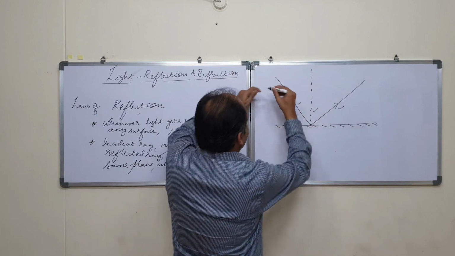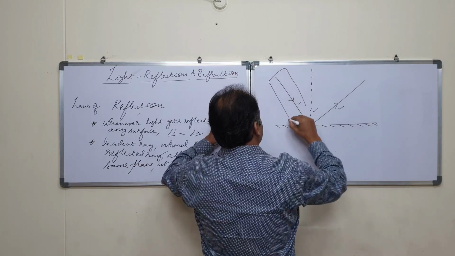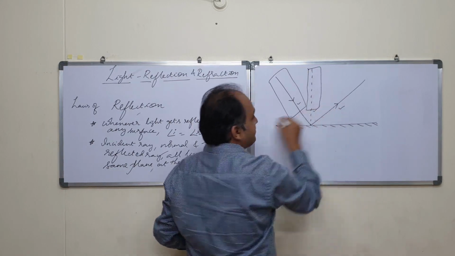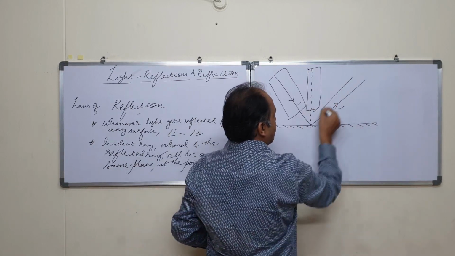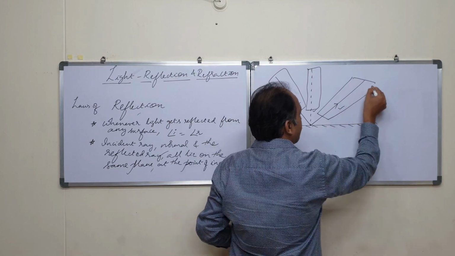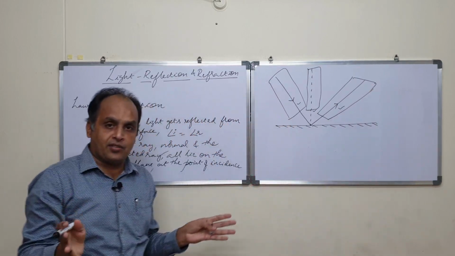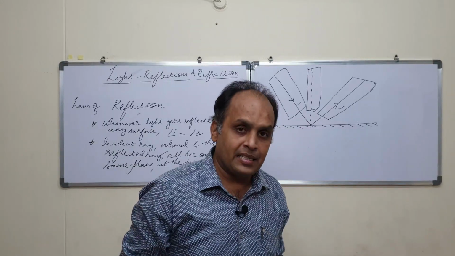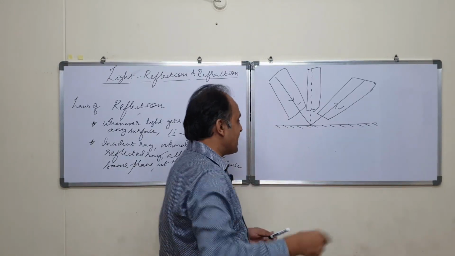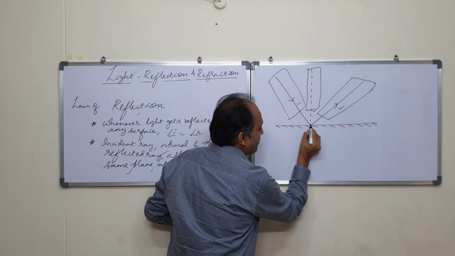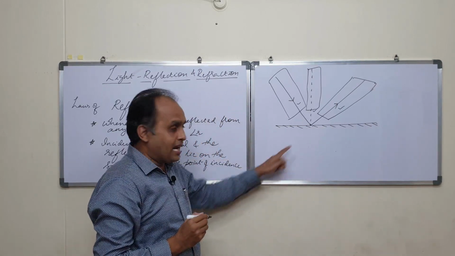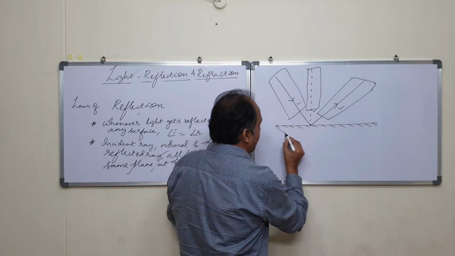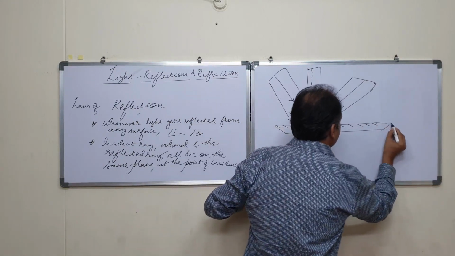This is in this plane here, this one is in this plane here, and this one is in this plane here. But they all lie on the same plane if you see at the point of incidence, and that plane is nothing but this mirror.